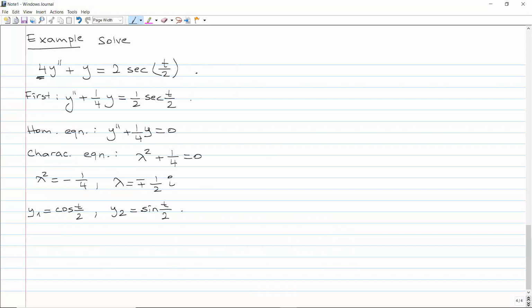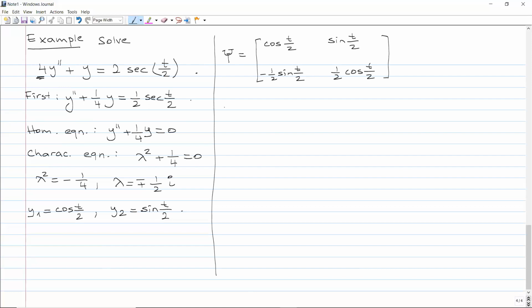Now, using these solutions, we form the fundamental matrix. In the first row, we take the solutions, cosine t over 2 and sine t over 2. And in the next row, we take the derivatives: minus 1/2 sine t over 2 and 1/2 cosine t over 2. Then we need to find the inverse of this matrix.